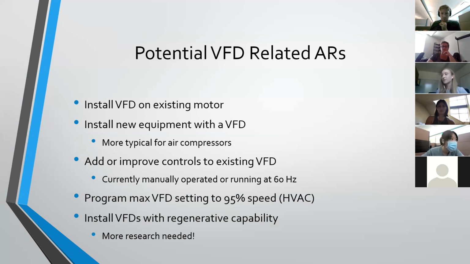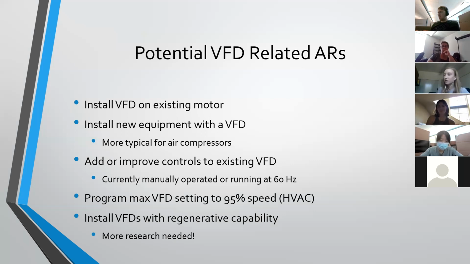And then if there are VFDs already on pieces of equipment, that doesn't necessarily mean they're running the way they should be. So that's something to check. They could be not automatically controlled, if there's an operator who's going in there and just cranking it up or cranking it down whenever he thinks is appropriate, then finding a way to control that could save some energy.